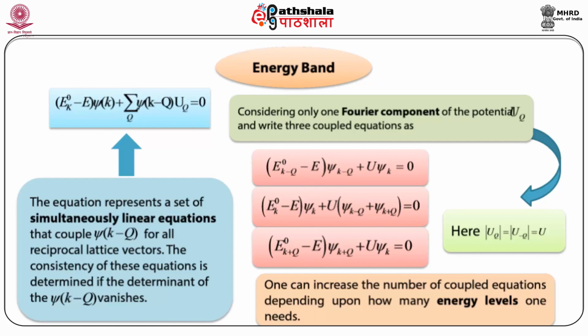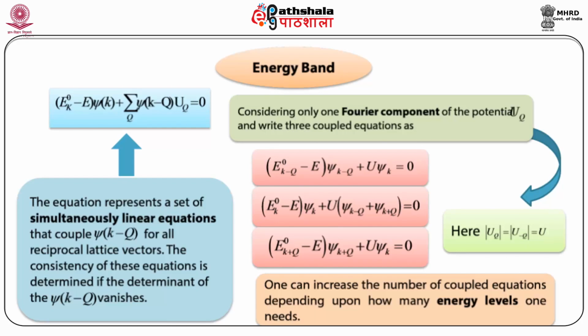The above equation represents a set of simultaneous linear equations that couple φ_{k−Q} for all reciprocal lattice vectors. The consistency of these equations is determined if the determinant of the coefficients of φ_{k−Q} vanishes.